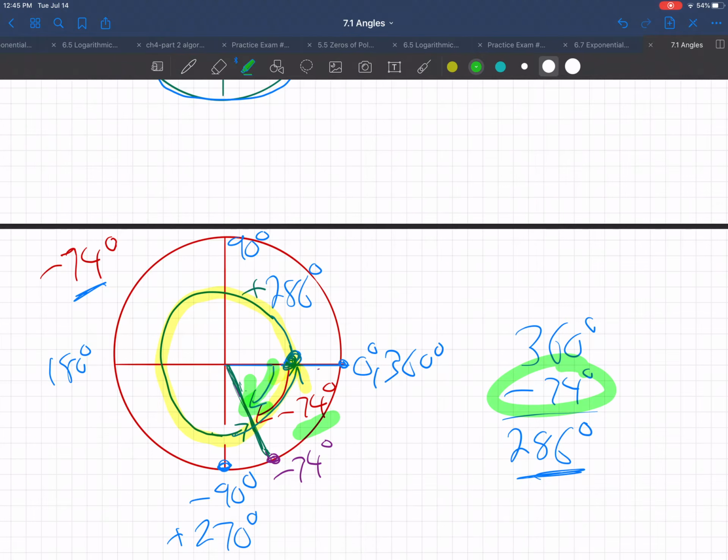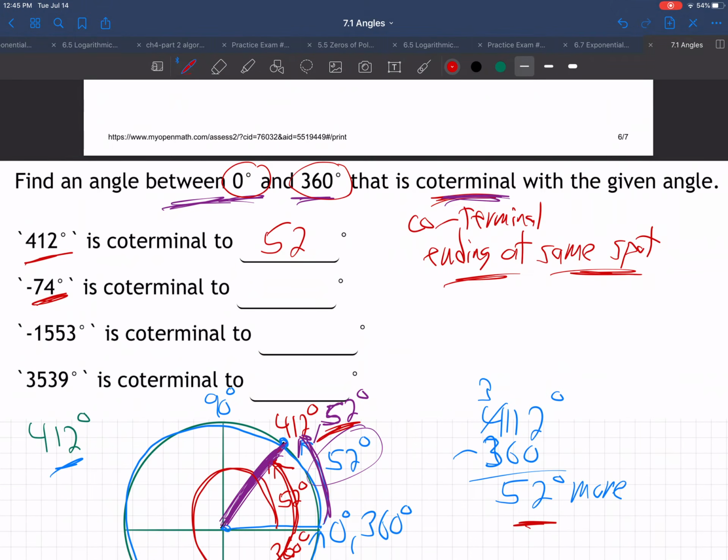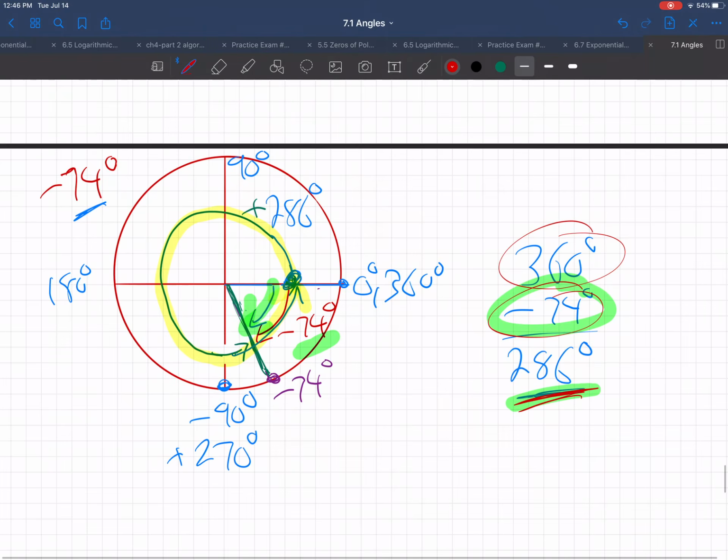If all the way around is 360, take away 74 degrees, then that's 286. So positive 286 must be the same as negative 74 because it's all the way around 360, back up 74, which is 286. So the answer is this one is coterminal with 286 degrees. They end in the same spot.